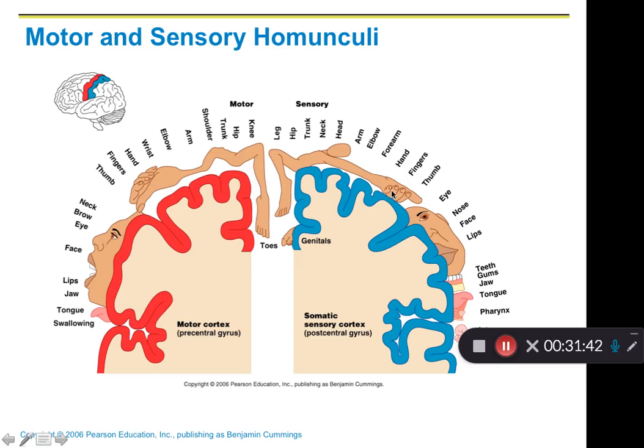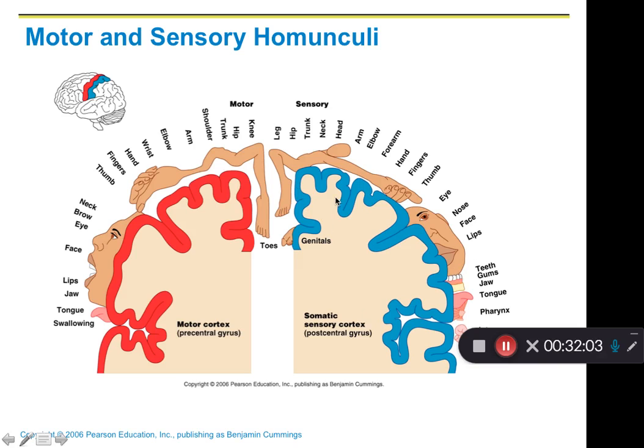Now let's look at this part. This part is the primary sensory cortex. This is also a homunculus.